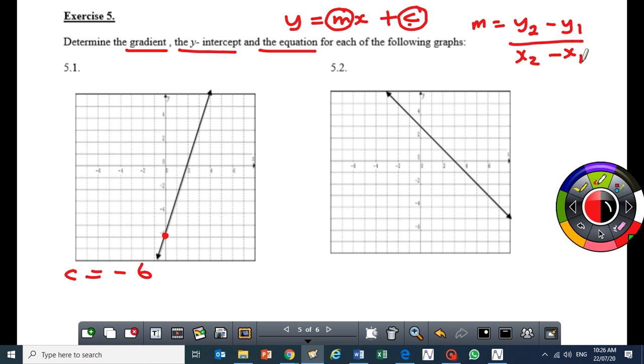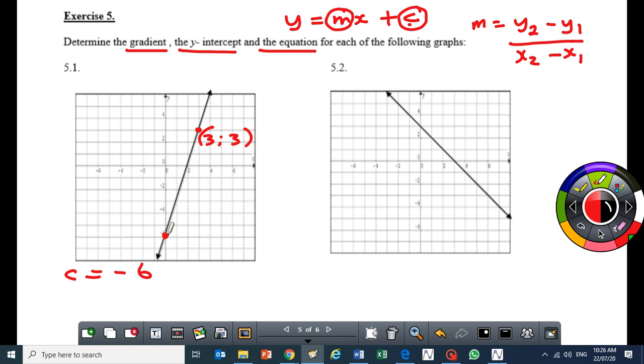For me, I'm going to choose this point. At that point, x is 3 and y is also 3. I hope you can see that. Then, since I know the y-intercept, I can use it because it's still a point on the graph.